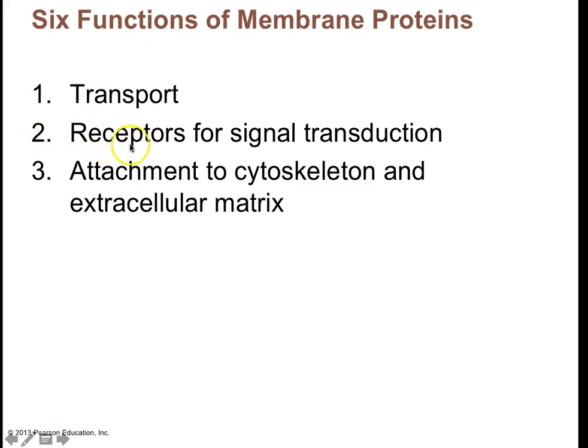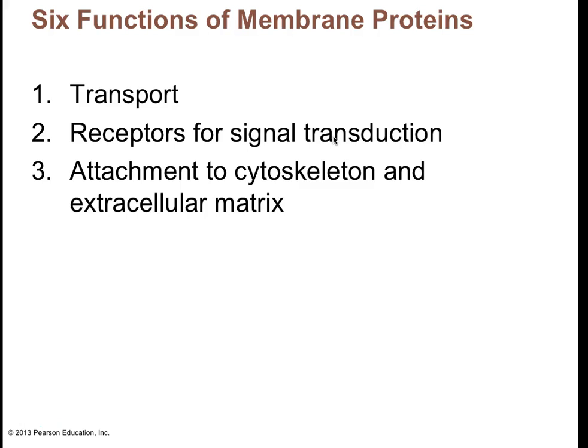The second one is called a receptor for signal transduction. I'm not going to emphasize that right now because I want you to know it, but we'll get into more detail in AMP2. But signal transduction, as the name implies, is allowing certain molecules to carry a signal for change.